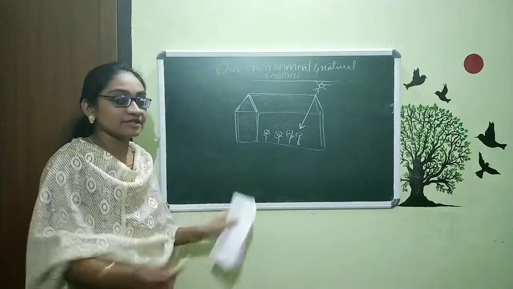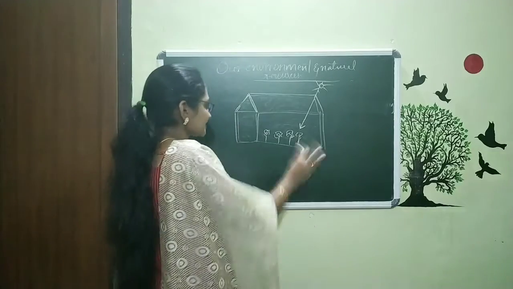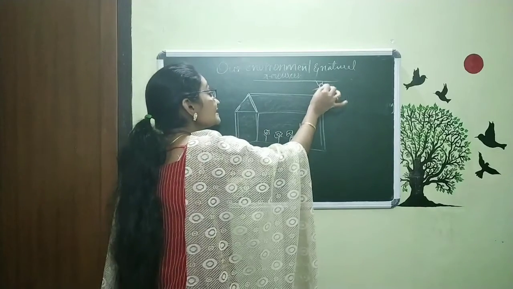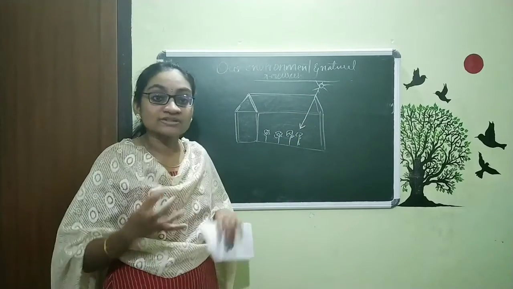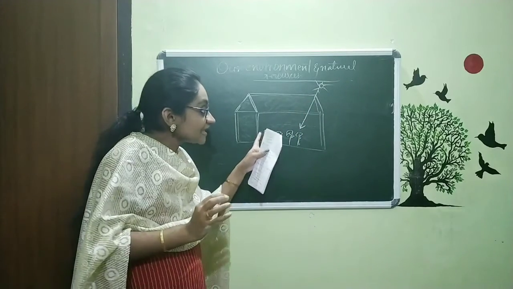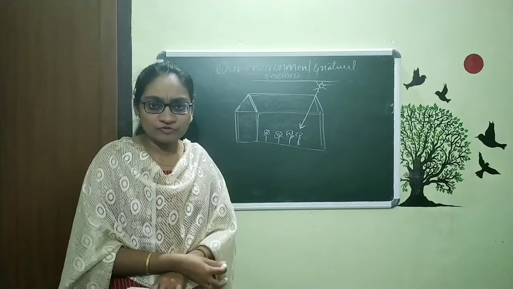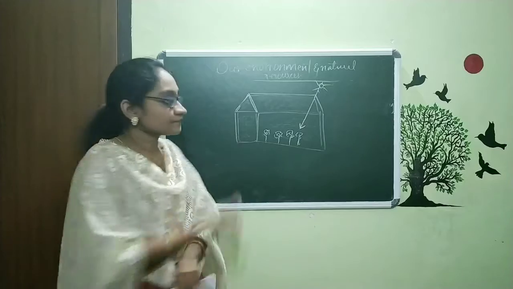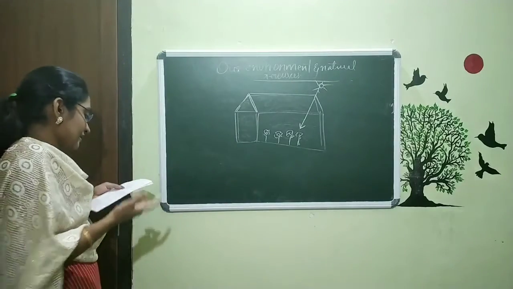It is trapped inside this glass house. So the heat coming from the sun is trapped inside, and the temperature inside is more than the outer environment.